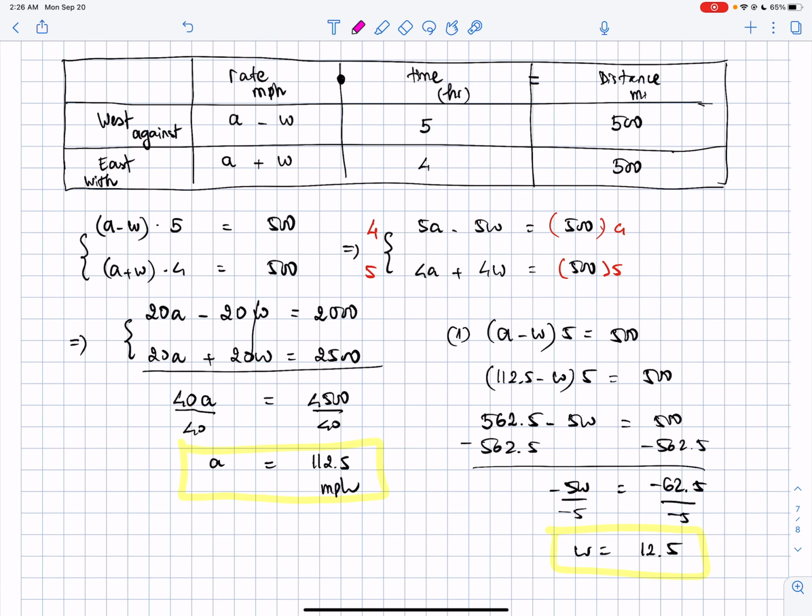We plug in A: 112.5 minus 12.5 gives 100, and 112.5 plus 12.5 gives 125. So 100 multiplied by 5 gives 500, and 125 multiplied by 4 gives 500 for the distance. So we get the correct answer.